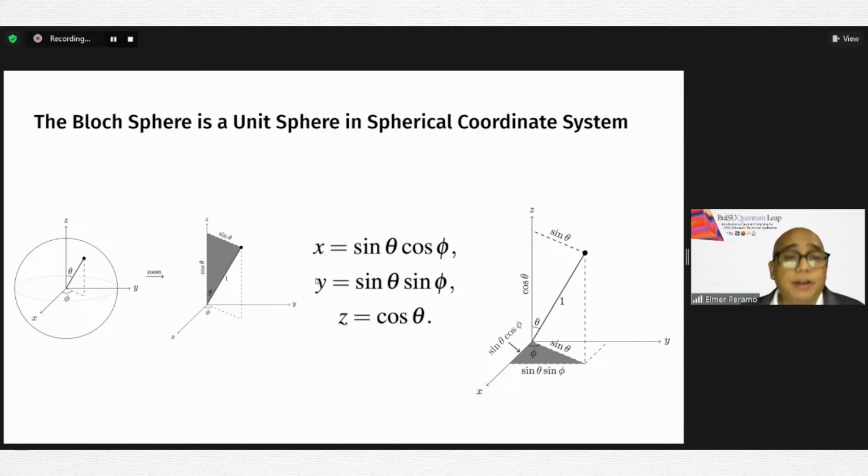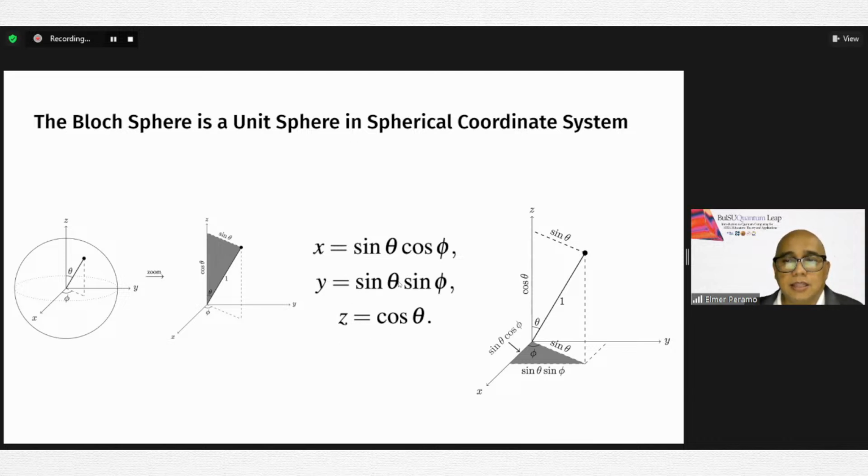And if you want to go back to the XYZ representation, for example, from spherical to rectangular coordinates, this is the formula. X is equal to sine theta cos phi, y is equal to sine theta sine phi, and z is equal to cosine theta.